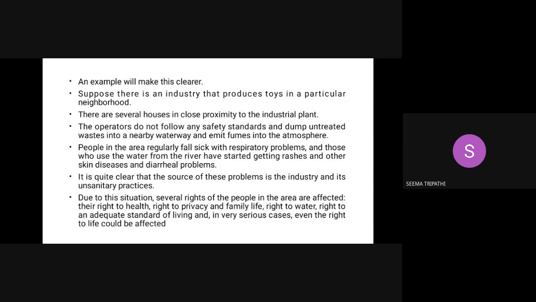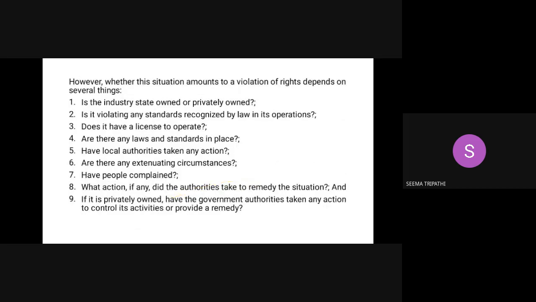So there are two types of people. There are two categories. On one side there are people who are making huge profits. And on the other side, there are people who are suffering because of those profits. So now, what we have to think about is that there are so many questions which will circulate in our mind: who is owning this industry?